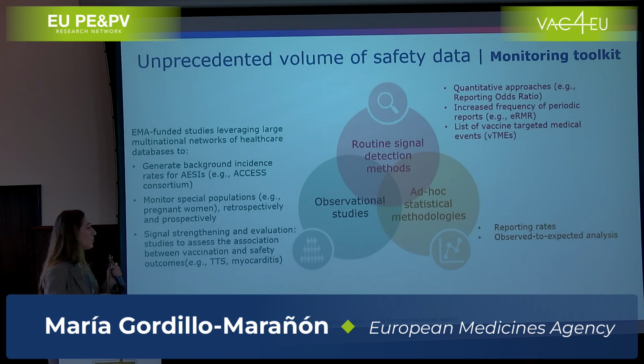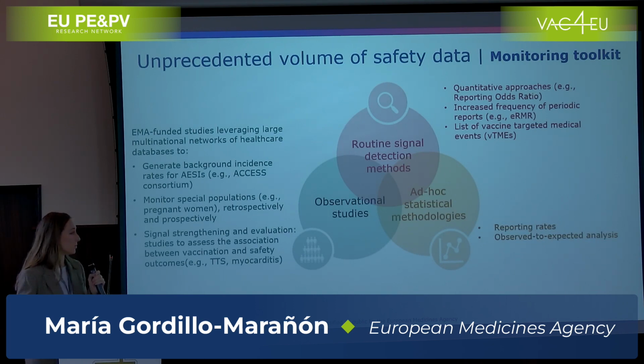In terms of observational studies, Catherine covered that in the previous presentation, but EMA commissioned independent observational studies to generate background incidence rates for adverse events of special interest, to monitor special populations, and also to assess the association between vaccination and safety outcomes. EMA also used ad hoc statistical methodologies, such as the reporting rates, to investigate the impact of regulatory actions and also differences within vaccines.